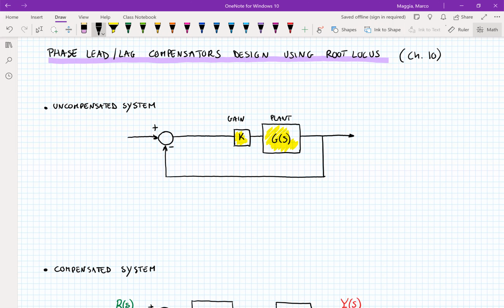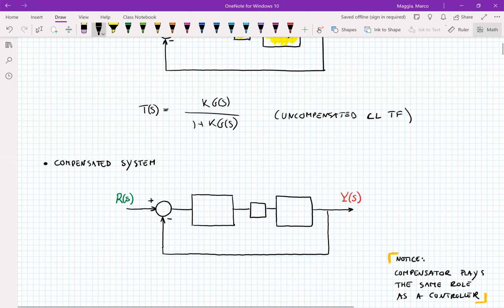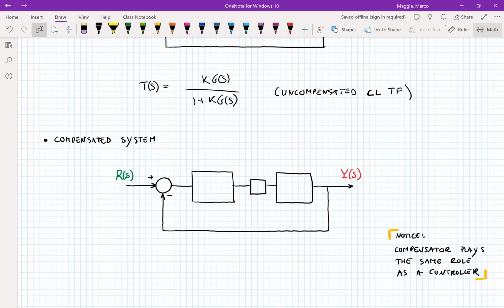All right, so starting from the uncompensated system, the closed loop transfer function is our usual KG over 1 plus KG. So this is going to be our uncompensated closed loop transfer function. Now, once we add the compensator, we're just going to consider it in series with the gain and the plant. So it's really in the usual place that we would normally find the controller.